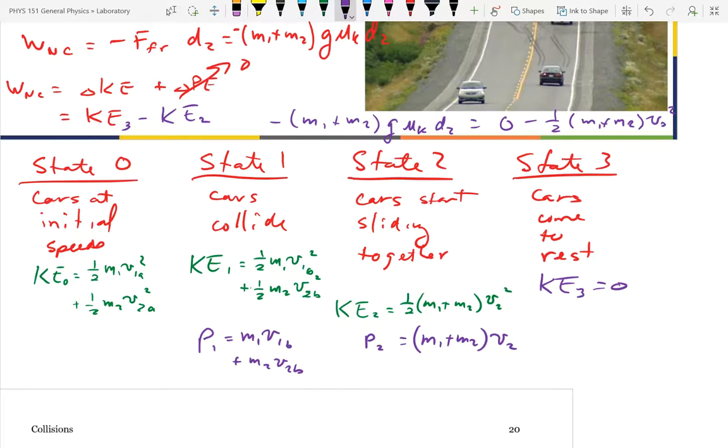So this equation, notice the 0 was kinetic energy 3 there. And then minus kinetic energy 2. I have M1 and M2 on both sides. It doesn't even matter what the masses of the cars are for this step, because the masses actually cancel. And I can solve this for V2.